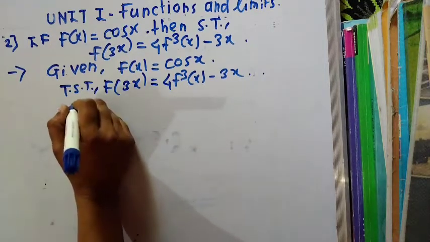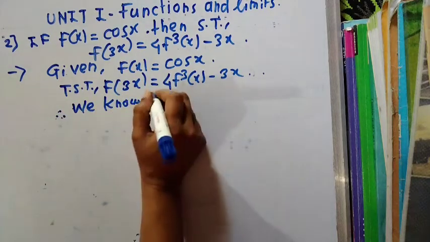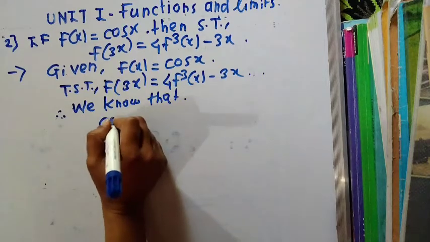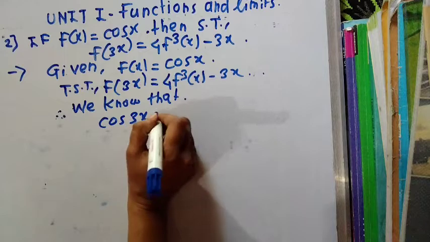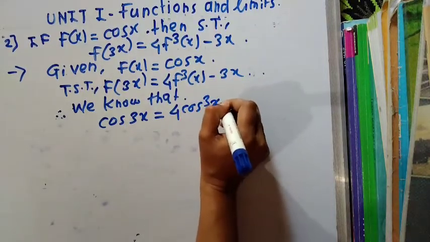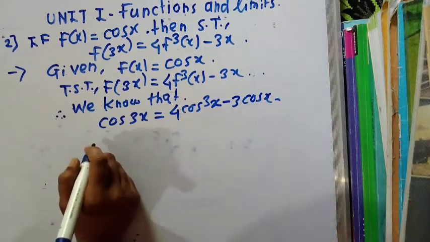Hence, we know that cos 3x, which is equal to 4 cos cube x minus 3 cos x.